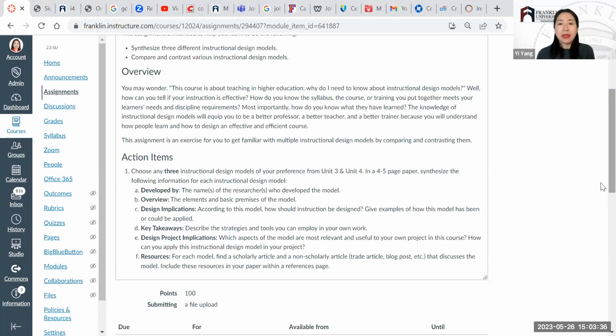So this is an assignment that really makes the connection between theory and practice, how you apply those theories to the practice of your project. Of course, always make sure that you properly cite those references with in-text citations in your writing, as well as the references at the end of your paper.